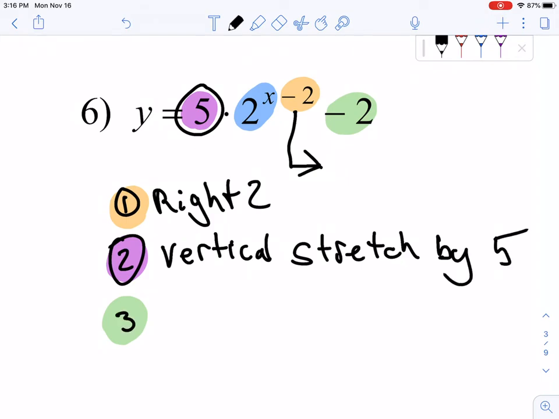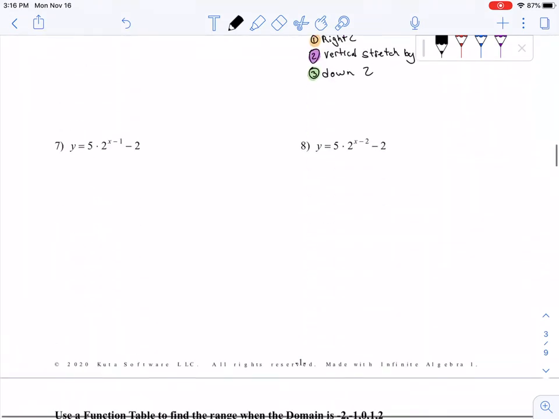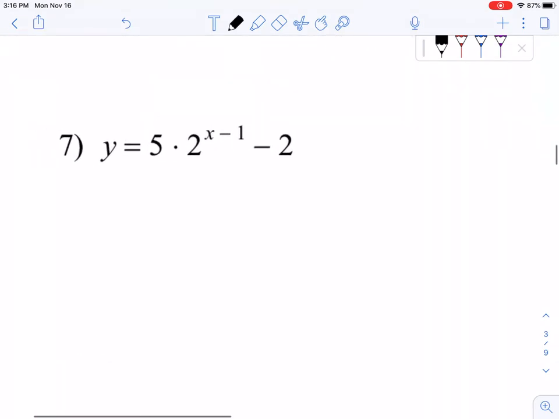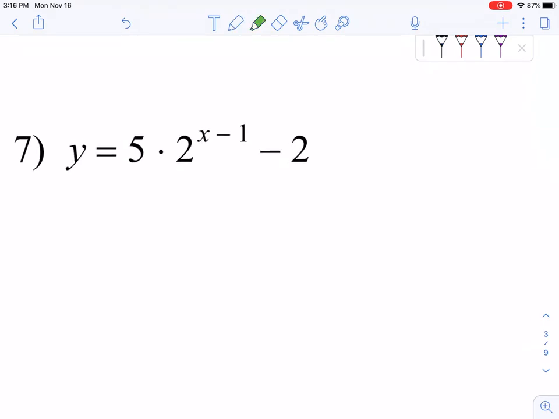And then the third thing that we're describing is the whole thing is moving down 2. And then number 7, same things going on here. So 2 to the x is kind of our base function.